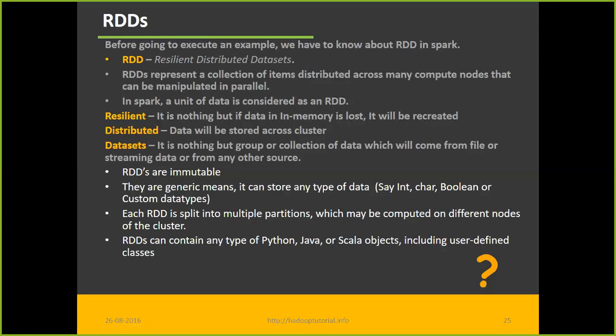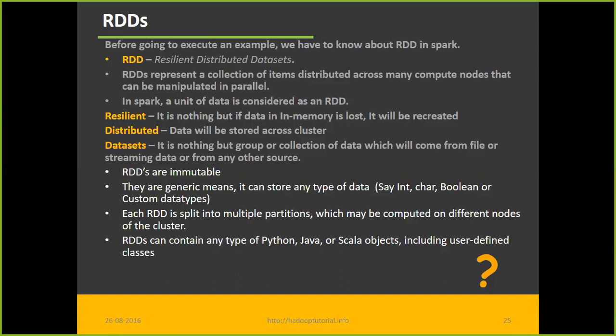And each RDD is split into multiple partitions, same like the blocks concept that you have seen in HDFS. If you upload a file into HDFS, it will get broken into blocks, and blocks will get distributed across the slave machines. Same here.